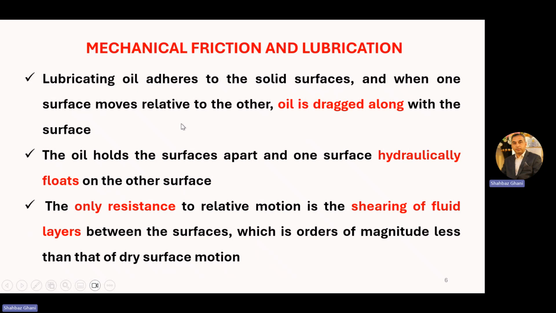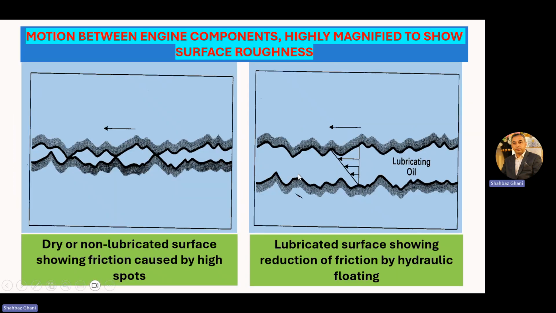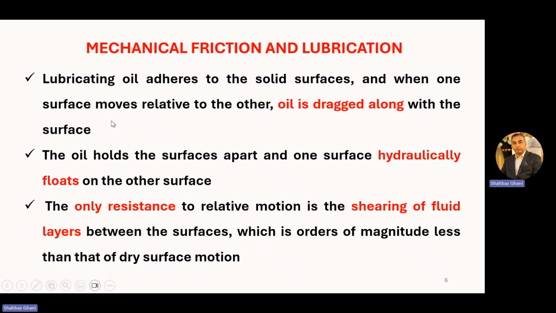And when one surface moves relative to the other, oil is dragged along the surface. So when we are moving this surface, the oil which is present here will be dragged along. So it will create a thin film between two mating surfaces.